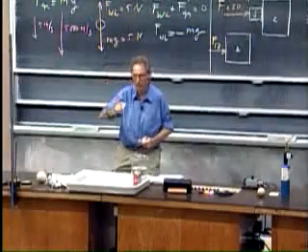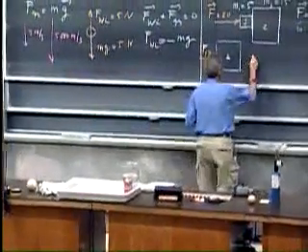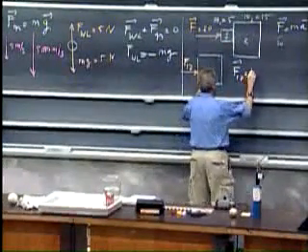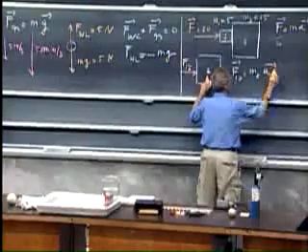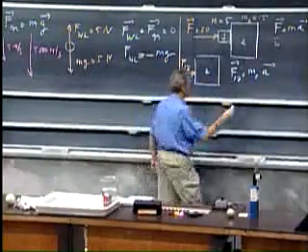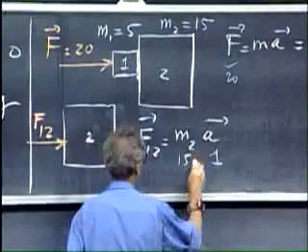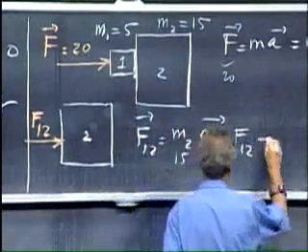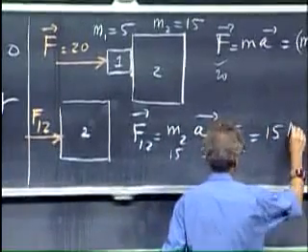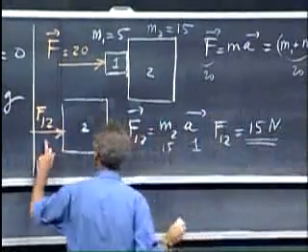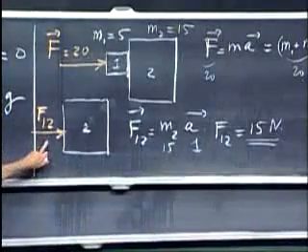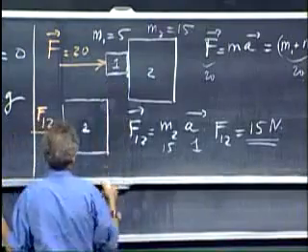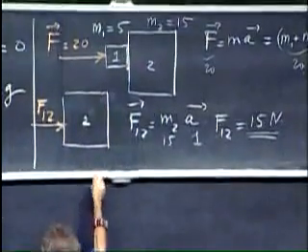That's a given already. So here comes F equals ma. F1,2 equals m2 times a. We know a is 1. We know m2 is 15. So we see that the magnitude of the force F1,2 is 15 newtons. This force is 15. Now I'm going to isolate number 1 out. Here is number 1.